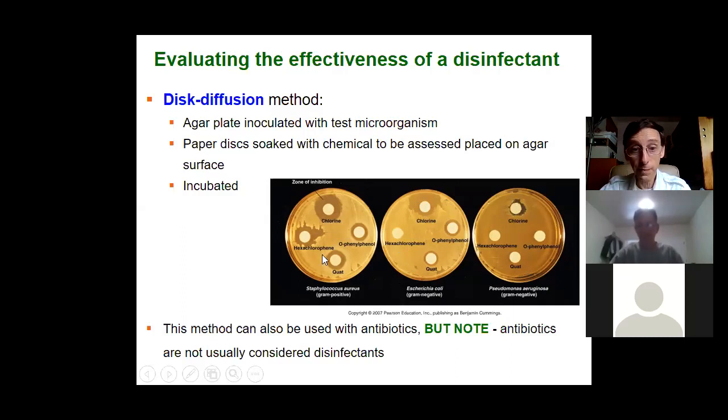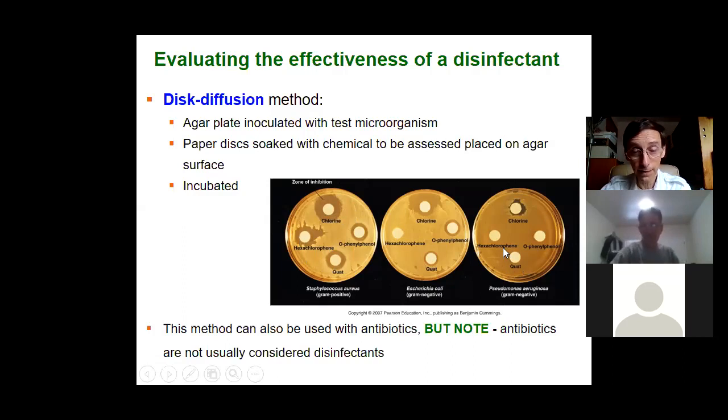Okay, so different species of bacteria show different sensitivity. And probably the major difference here is whether or not the bacteria has the outer membrane to its cell wall. The gram-positive one did not, and so all of them were sensitive.